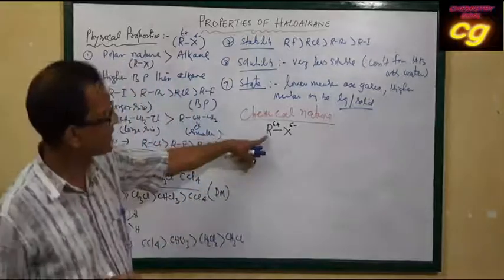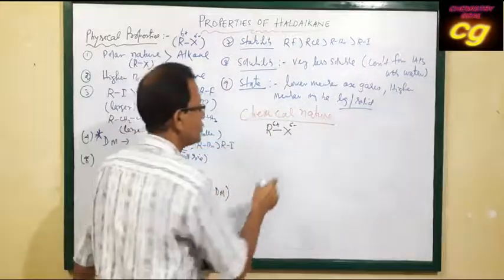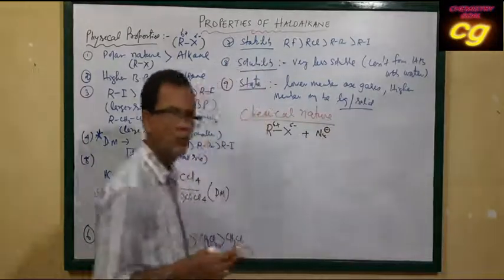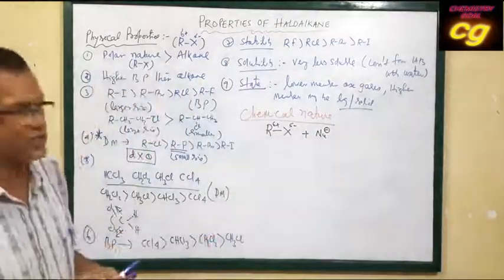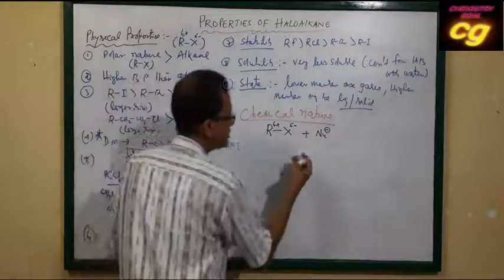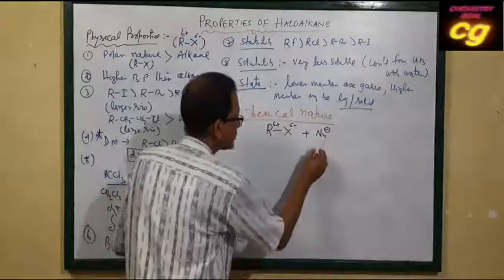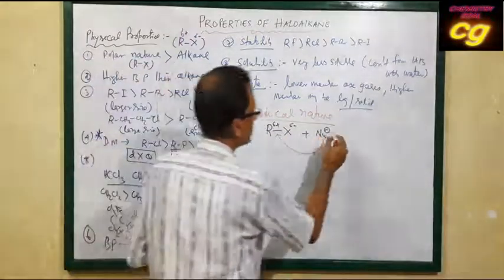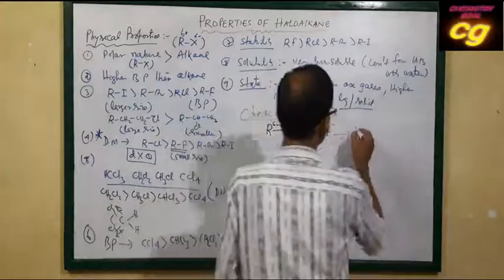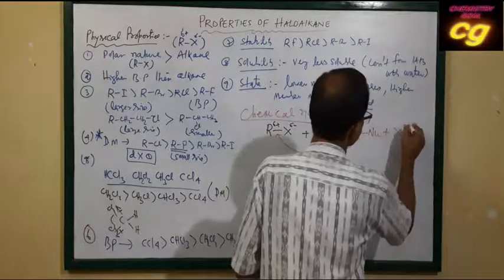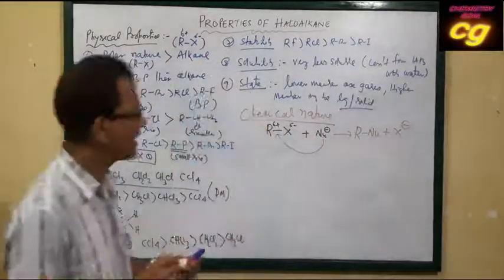As R carries partial positive charge, it is attracted by a nucleophile. Nucleophiles are electron-rich species, which can attack the carbon atom and replace the halogen, giving R-Nu plus X minus. So this type of reaction will take place.